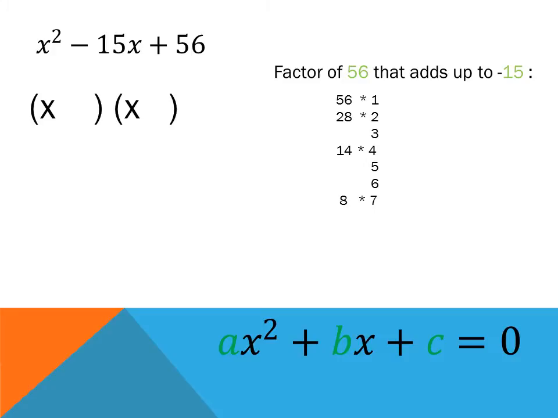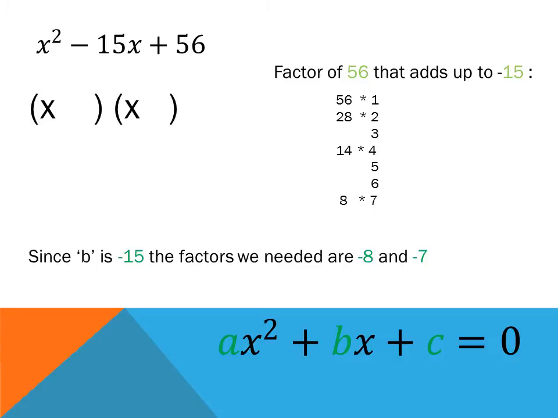Then I went through 5 and then 6. But 7 does. 8 plus 7 adds up to 15. But since 15 is a negative number, we needed negative 8 and negative 7 as our factors. And that's our final answer: x minus 8 times x minus 7.